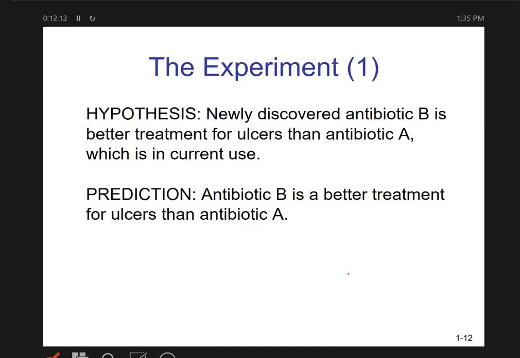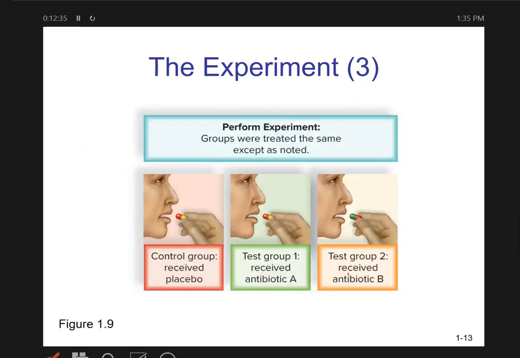My hypothesis is that I have discovered a new antibiotic, B, and it is a better treatment for ulcers than antibiotic A, which is in current use. So my prediction is that B has to be better, because I have done so much research and consolidated so much previous information. All right, so here I'm going to design my experiment.